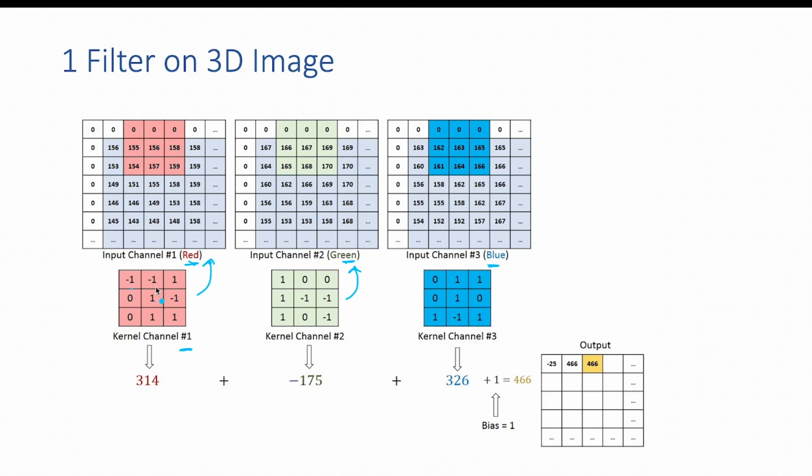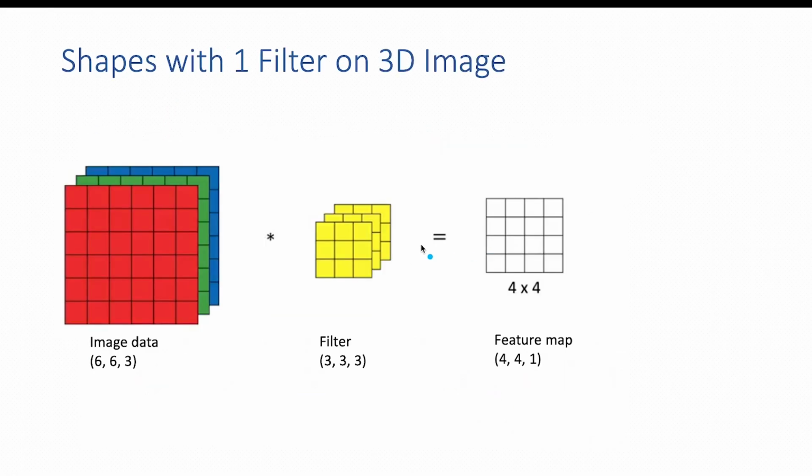Now we perform this dot product for this particular image patch. We observe values of 314, minus 175 and 326 for the different convolution operations that we have executed in one go, right? And we take the sum of all of these values along with the bias term. As I have mentioned to you, each kernel will have one bias term.